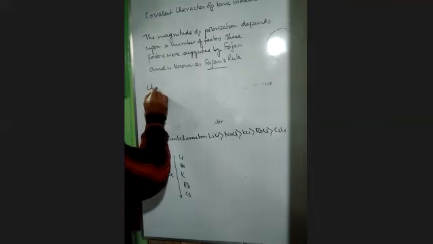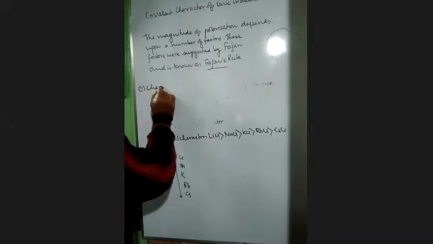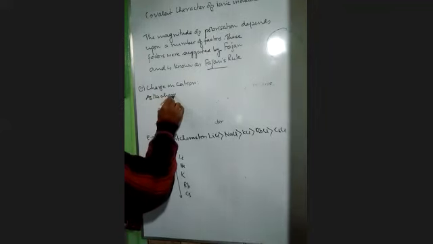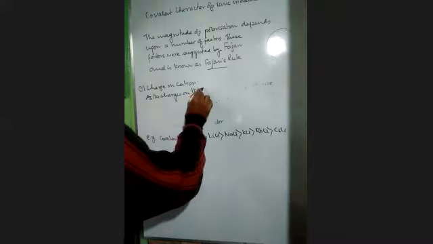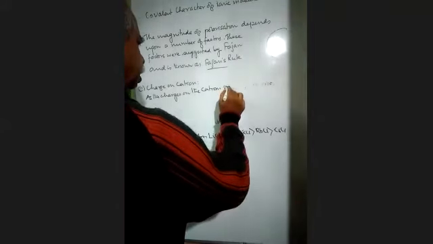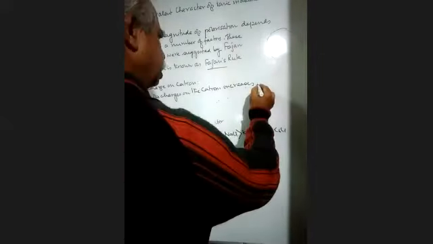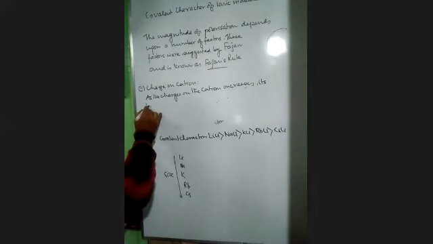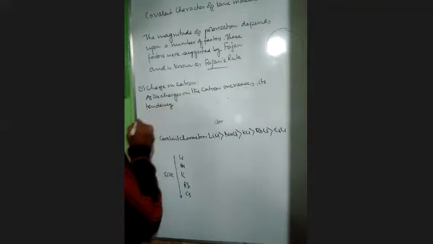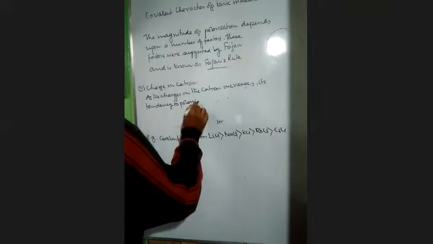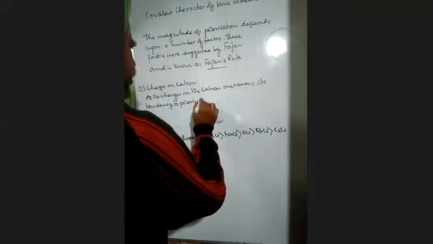Charge on cation. As the charge on the cation increases, its tendency to polarize the anion increases.